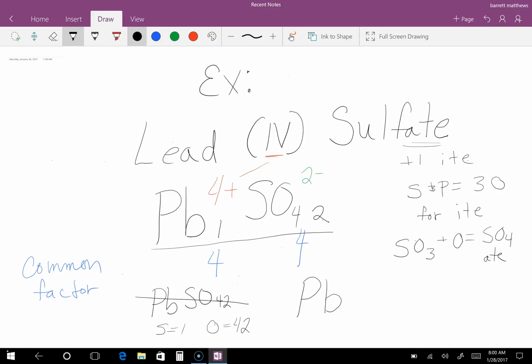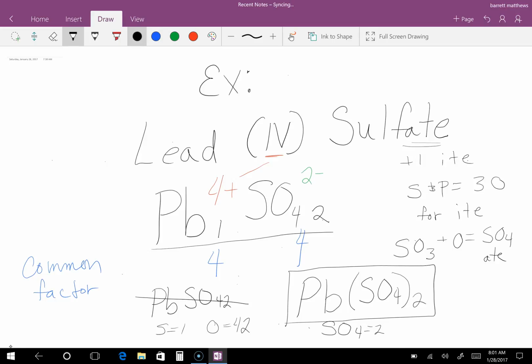What I'm trying to say is that lead needs 2 sulfates to cancel out the charge, so I'll put a parenthesis around it to denote it is SO4 as a whole twice. So I'm saying SO4 as a whole equals 2, making this the correct answer.